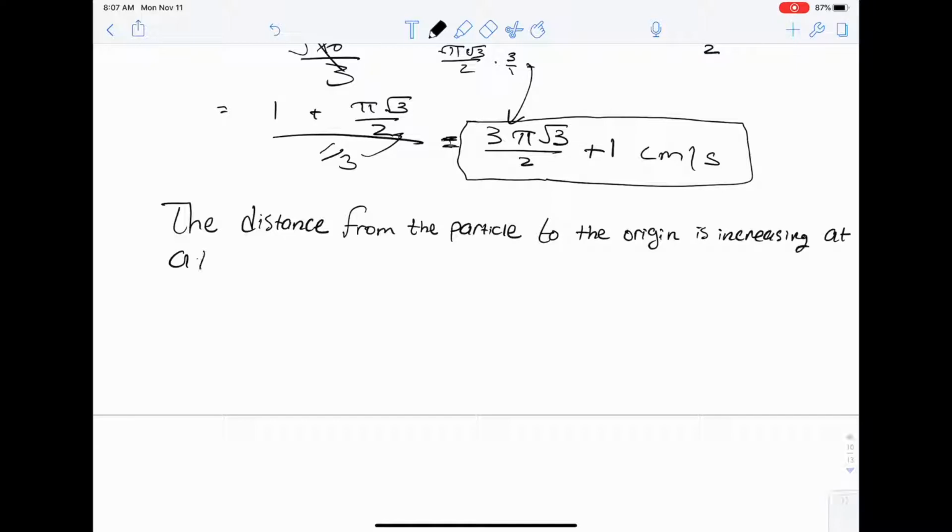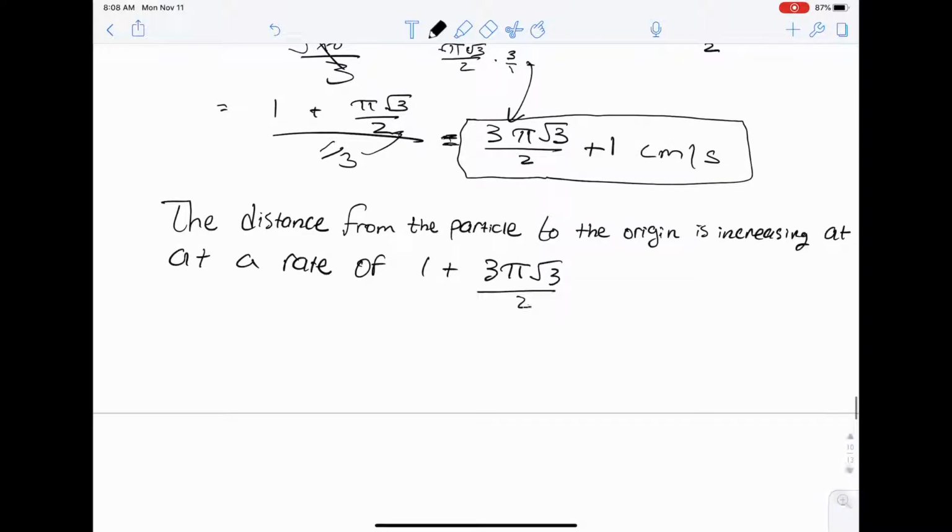Always have to mention rate because that's what we were looking for. Rate of 1 plus 3 pi square root of 3 over 2 centimeters per second.